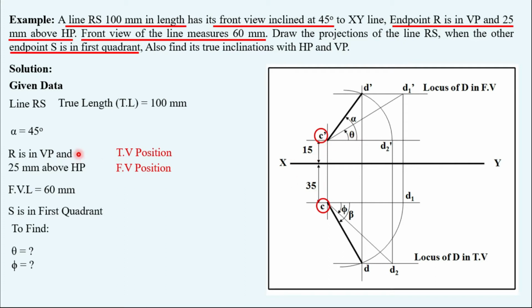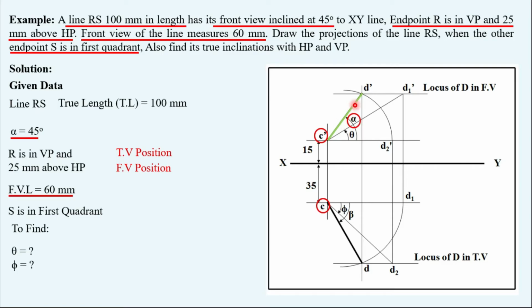So we have this R dash and R's position given to us. We have alpha, so we have this angle with us. Also we have this front view length, so we can draw up to this point. We can draw XY line, we can take R dash, we can take R at a particular angle alpha, that is 45 degrees. I can draw my front view length, that is 60 mm.